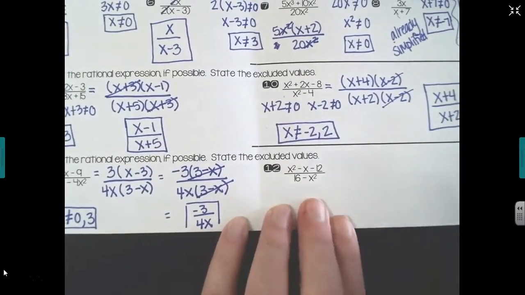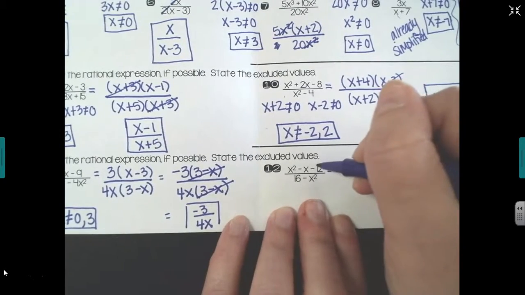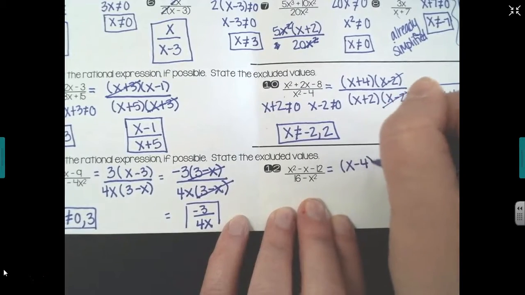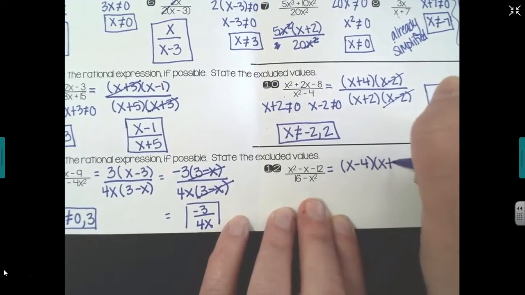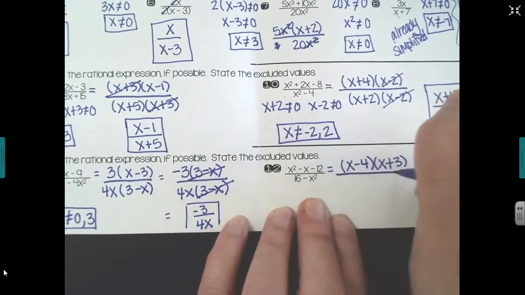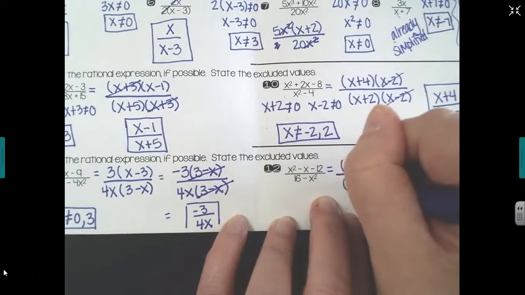Okay, number 12. Factor your numerator. Multiplies to give you negative 12, adds to give you negative 1. It's a negative 4 and a positive 3. Does it matter if you put plus 3 and then minus 4? No, it doesn't matter the order. On the bottom, difference of squares.